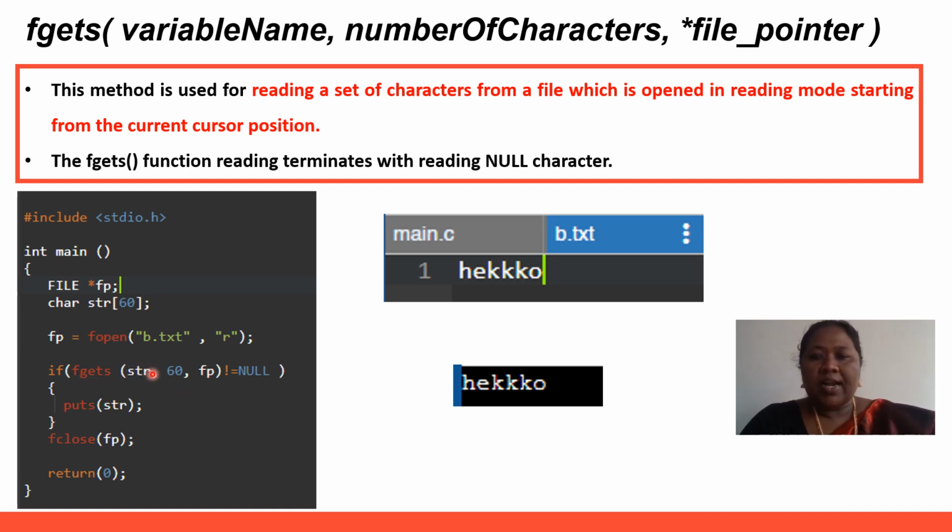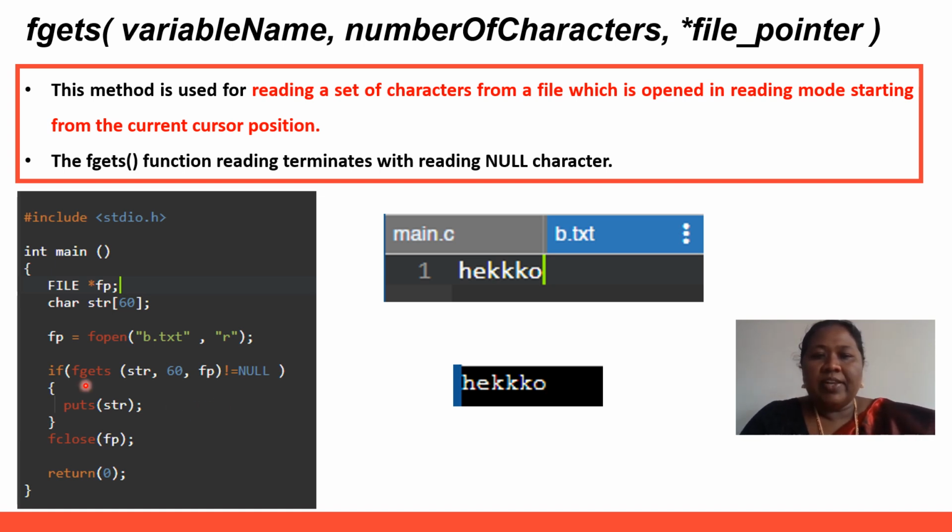We should store the final result in a string, so we mention a maximum of 60 characters that you want to read from this file pointer. It checks whether we have 60 characters or less, or whether it is empty. If it is not null, then it comes back, and we use the normal gets and puts functions we have studied for printing this string.